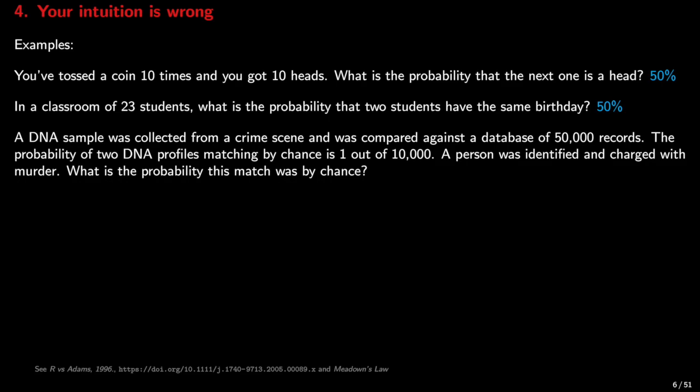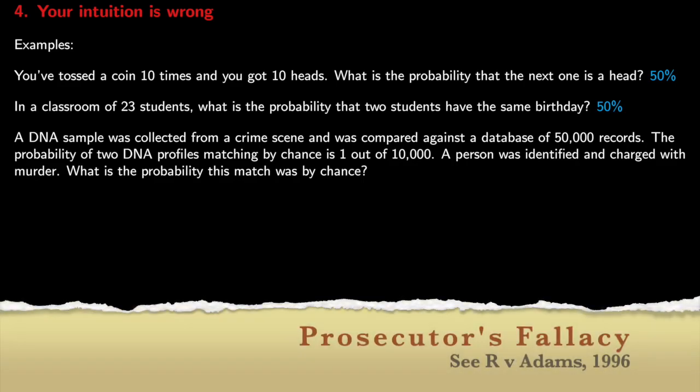Now, a person from that database was identified and charged with murder, and the only incriminating evidence was that DNA match. But what is really the probability that this match was just by chance? What is the probability that anyone's DNA would give a positive match out of that database?